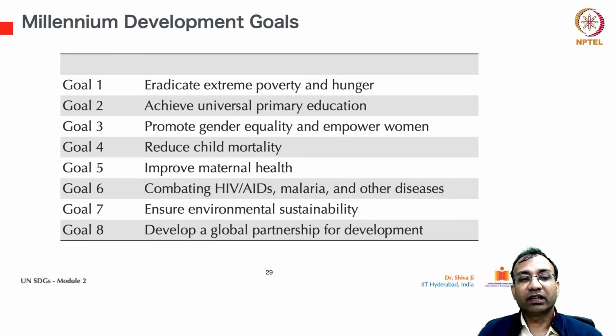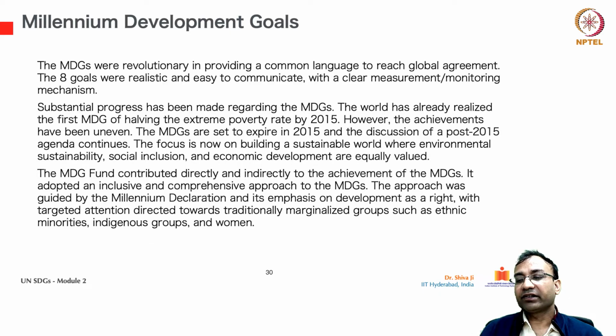You can see over here there were a total of 8: eradicate extreme poverty and hunger, achieve universal primary education, promote gender equality and empower women, reduce child mortality, improve maternal health, combat HIV/AIDS, malaria and other diseases, ensure environmental sustainability, and lastly, develop a global partnership for development.